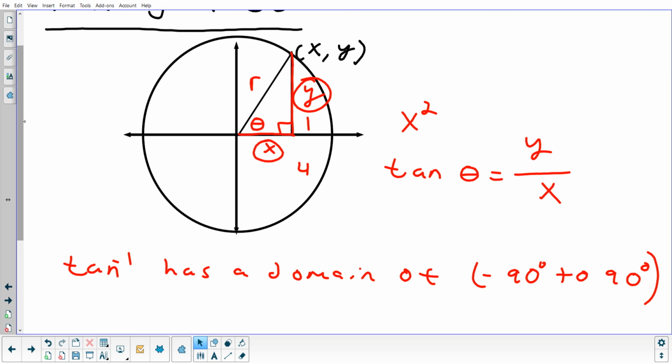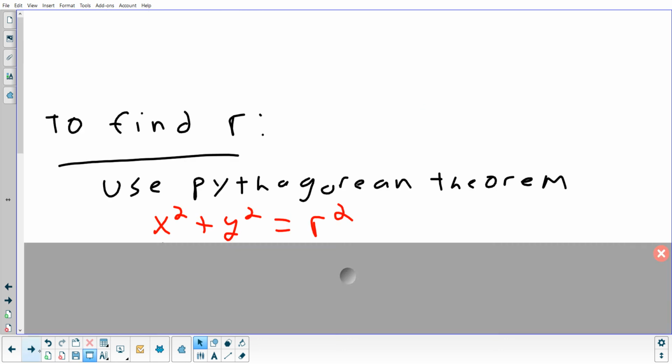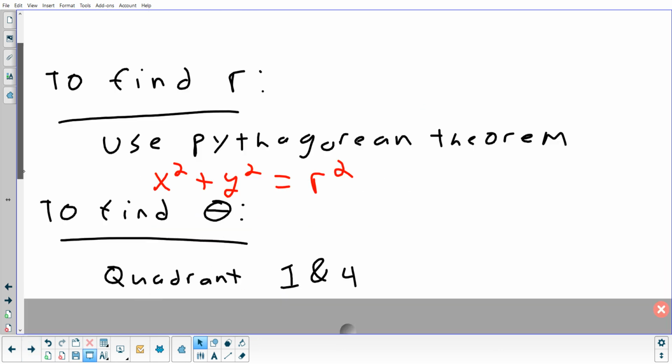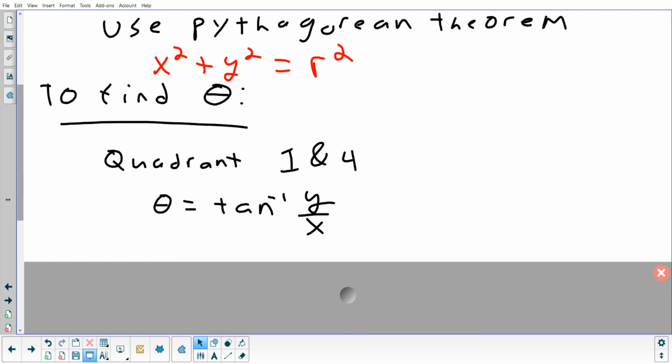But when you're in quadrants 2 and 3, you can still do inverse tangent of y over x. But to take into account you're in those quadrants, you have to add 180 to your answer. So quadrants 1 and 4, inverse tangent of y over x works fine, because this formula is built to give you an answer in those two quadrants.